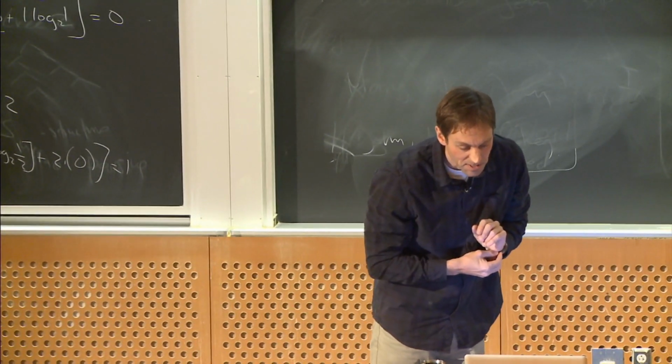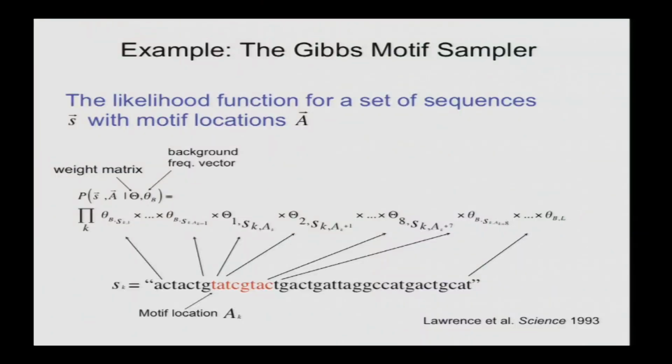The setup here is that you want to think about the probability of S comma A. S is the actual sequences, and A is a vector that specifies the location of the motif instance in each of those 40 sequences. You calculate that conditional on capital theta, which is our weight matrix.